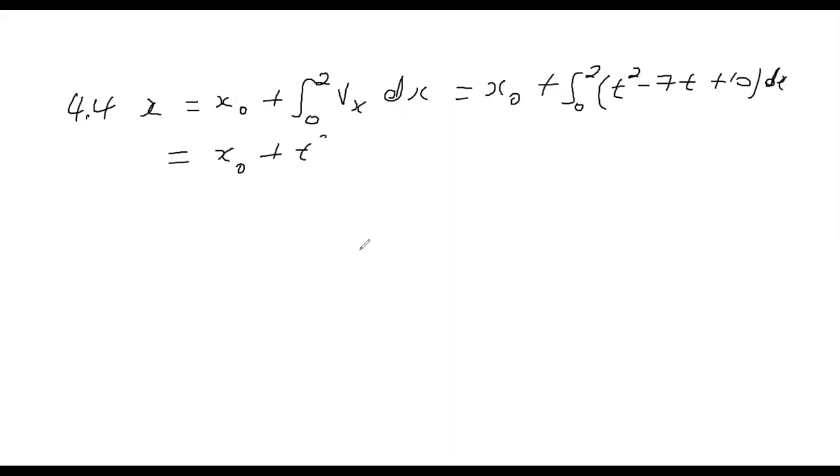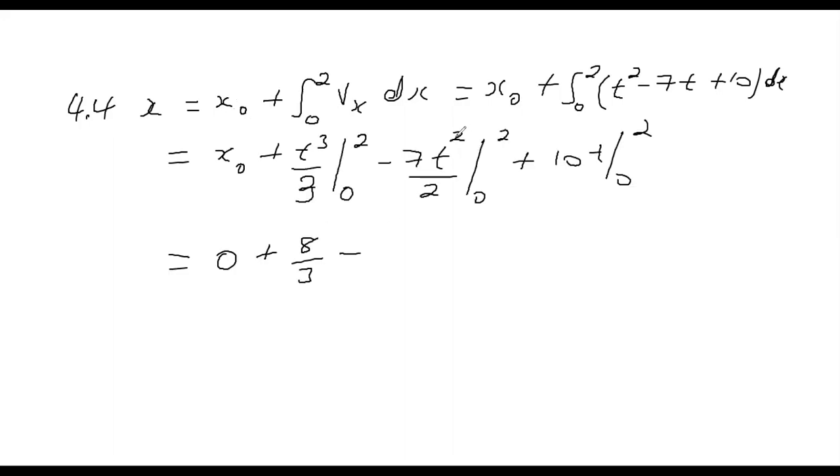Plus the integral from 0 to 2. The particle starts moving from the origin. We get 2 cubed over 3, which is 8 over 3, minus 2 squared, which is 4, divided by 2 is 2, times 7 is negative 14, plus 10 times 2 is 20.